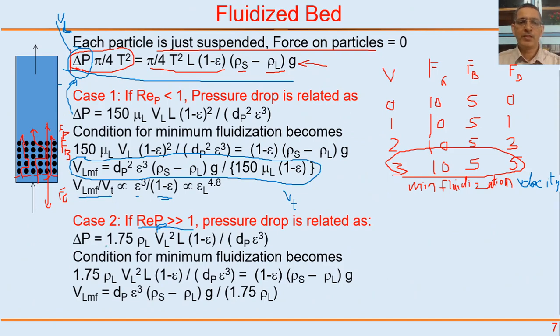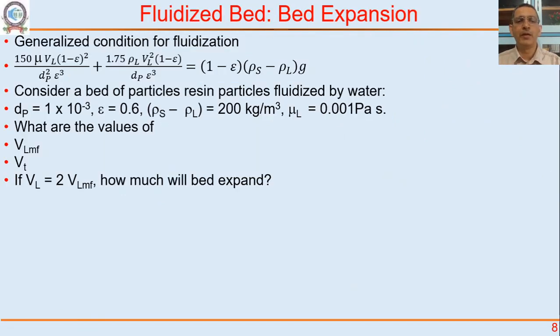Delta P is 1.75 rho L VL square L (1 minus epsilon) over dP epsilon cube. Put that here. If you put this here, you can get an expression for VL at minimum fluidization. You will find this expression. You can calculate VL MF by VT as well, right? Here, just take some example.